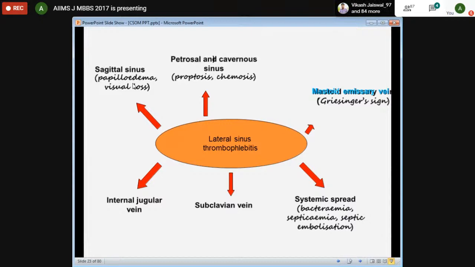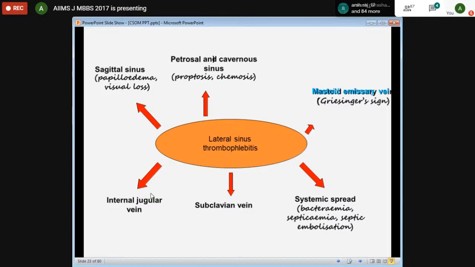So if it involves the arachnoid villi, there will be increased CSF fluid. It will lead to increased intracranial tension. It will lead to papilledema, visual loss, one of the earliest signs. Then if it involves the petrosal and cavernous sinus, it will lead to proptosis, chemosis.